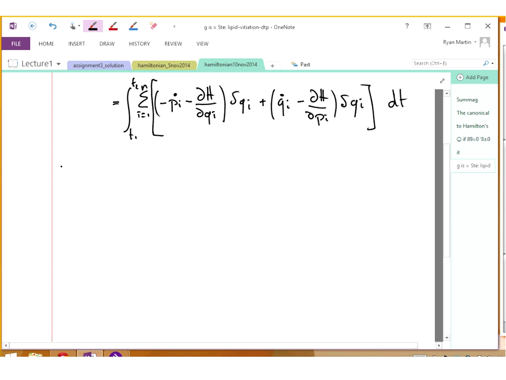Now we require, from Hamilton's principle, delta S equals 0 for all delta q_i and delta p_i.